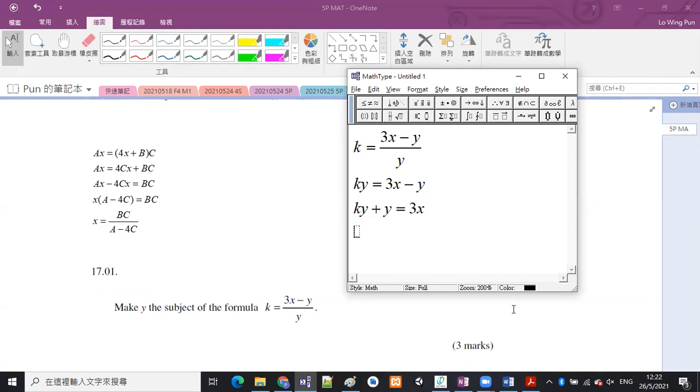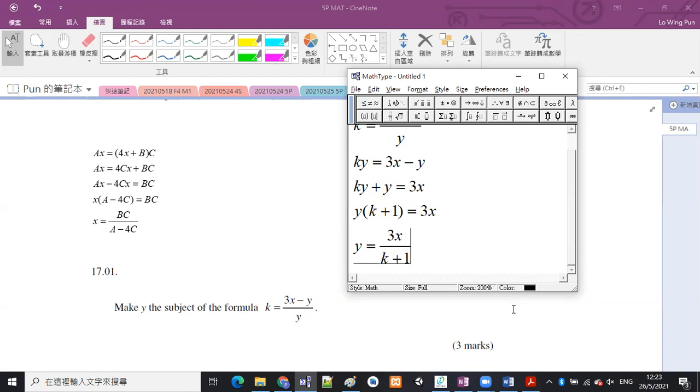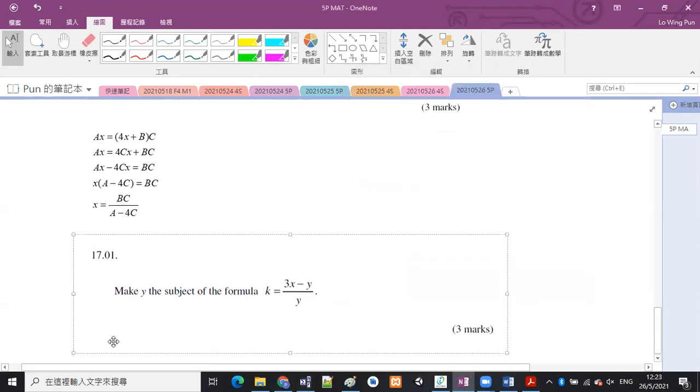Okay, now we can take out the common factor y. And what is remaining inside the bracket is k plus 1. Yes, and the right-hand side is still 3x. So just divide the k plus 1 to the right-hand side, and you'll get y equals 3x over k plus 1. And that is the answer. 3 marks.